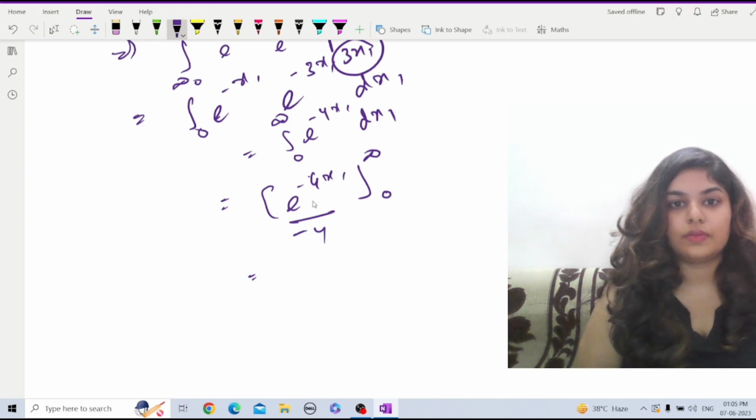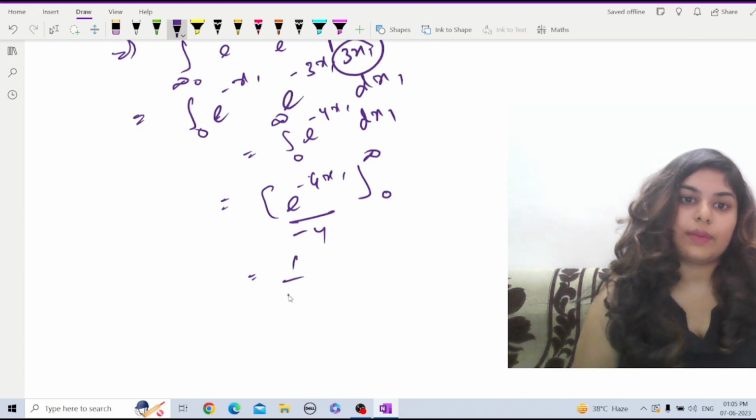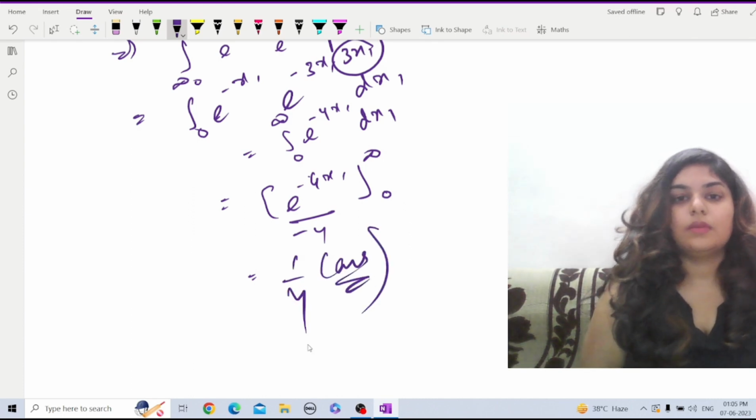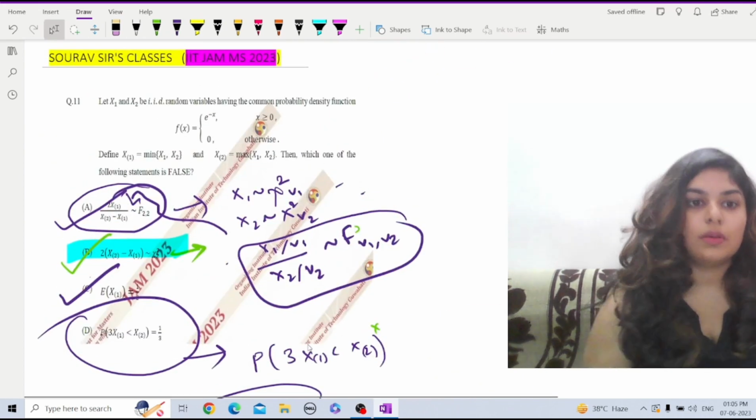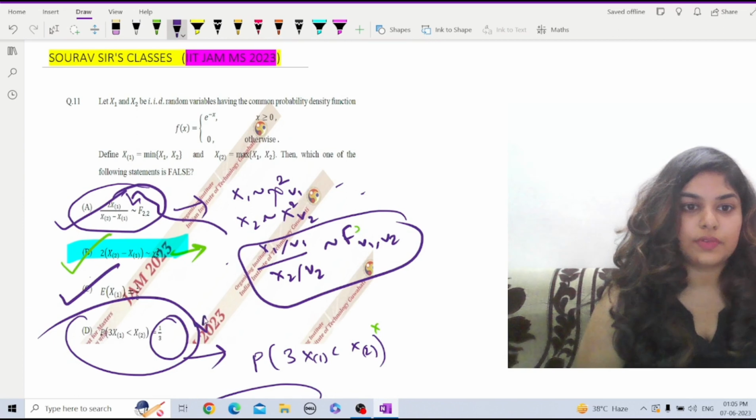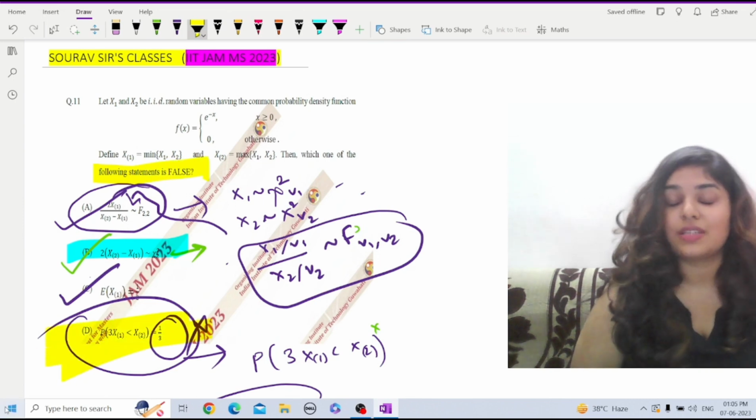So we will have 1 by 4 as the answer. It is obvious that the probability is 1 by 4 here, but it is given as 1 by 3, so definitely this is incorrect. So according to the question, which statement is false, option D should be the answer because this statement is false.